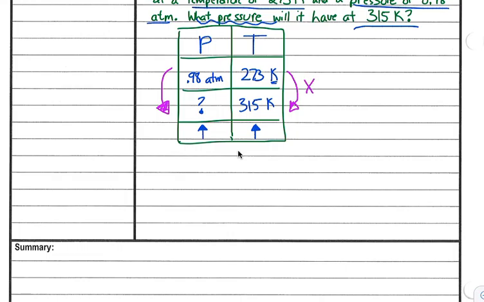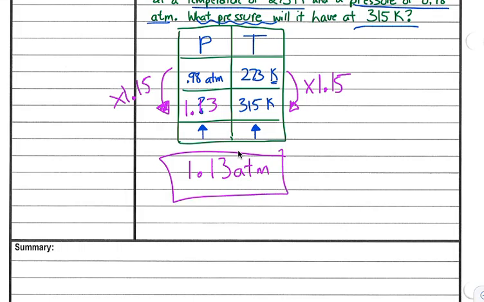So I must have multiplied because it's bigger, right? Times 1.15. Which means I have to do the same thing on the other side. In fact, in my calculator, instead of trying to do something else, I'm just going to hit the times and use that answer with my 0.98. And I get 1.13. So 1.13 atm is my answer.